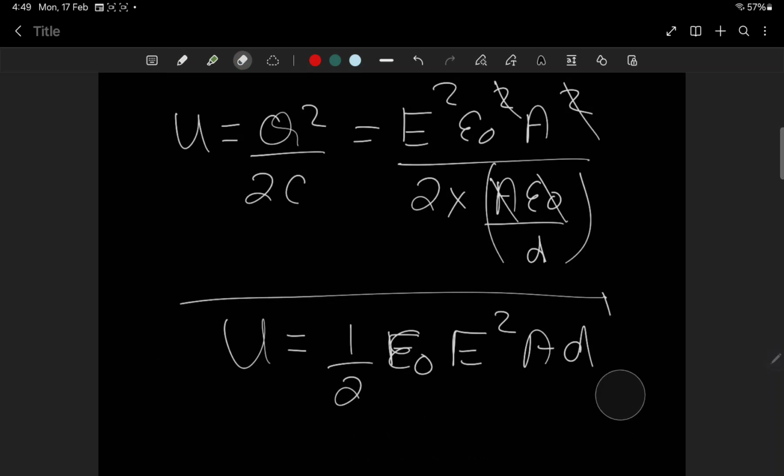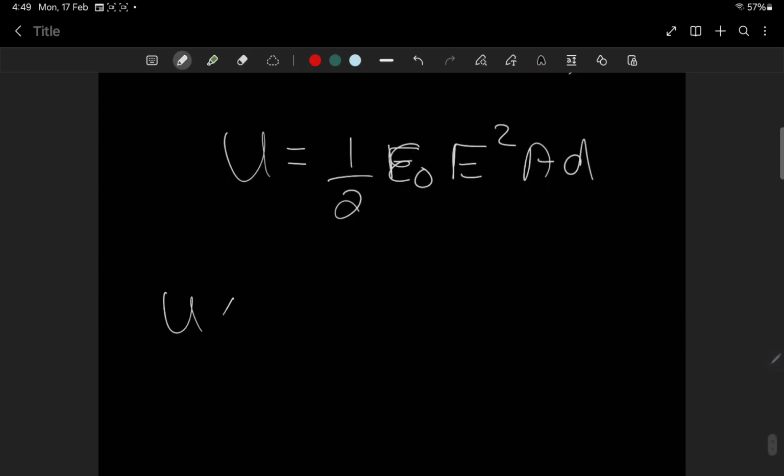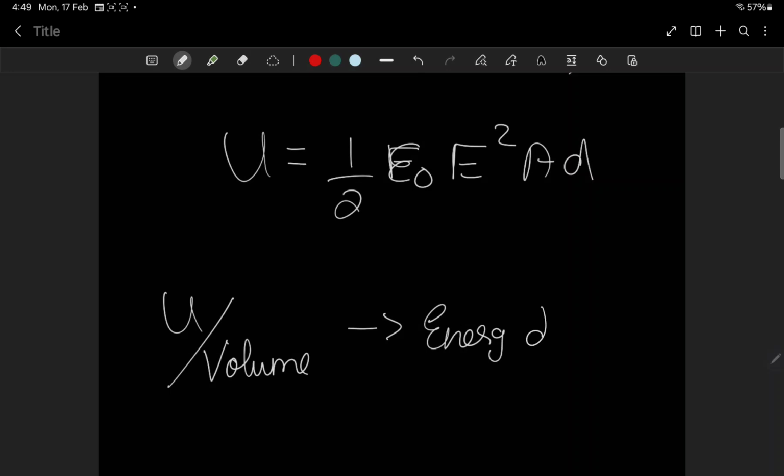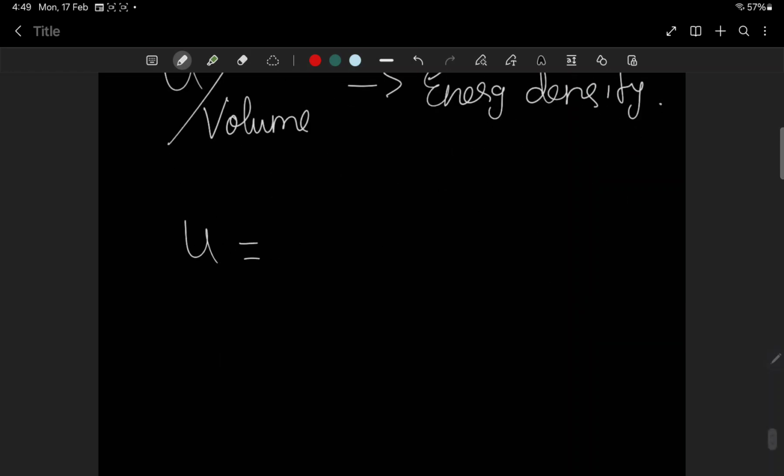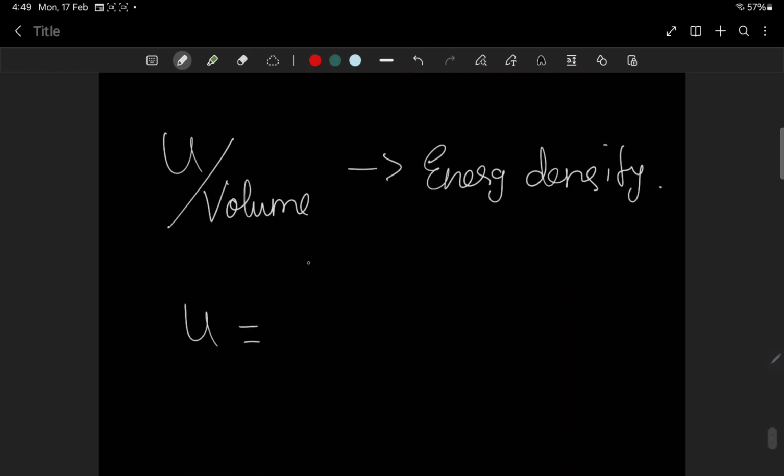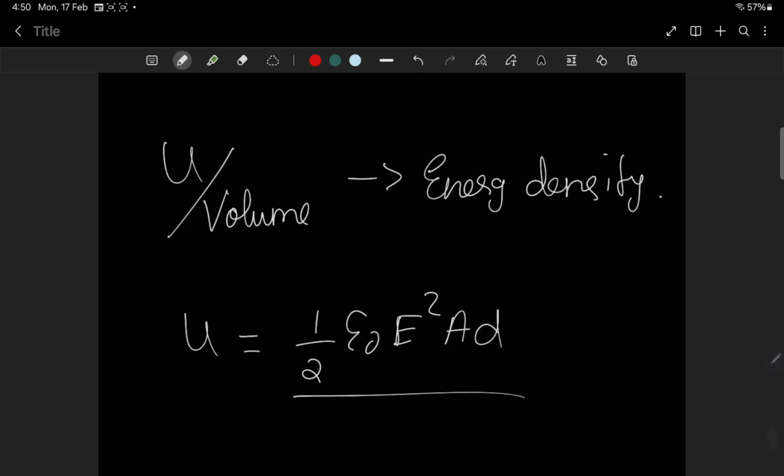Energy in terms of epsilon naught. What is energy density? Energy per unit volume. So this is energy. To make it energy density, divide this by volume. That is half into epsilon 0 E square A D by volume.